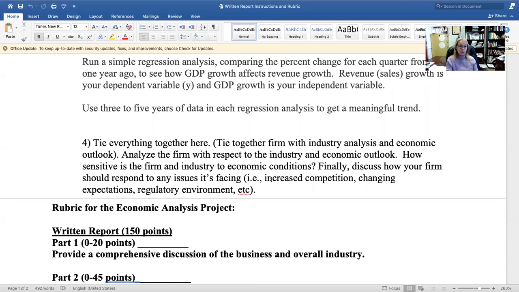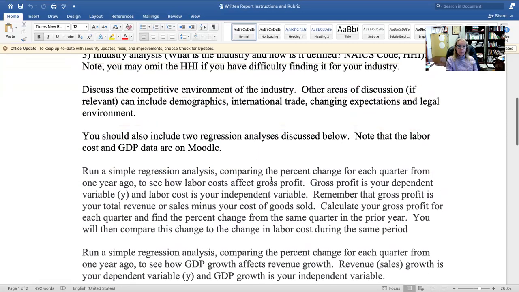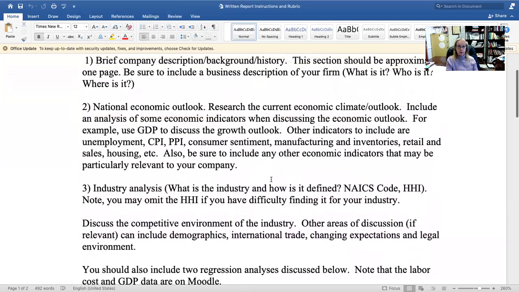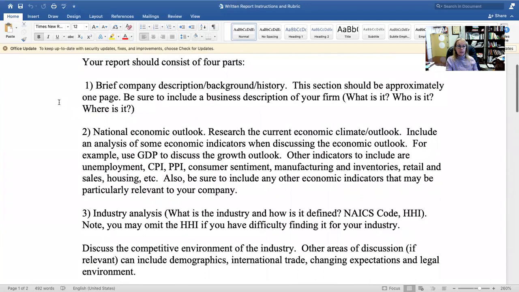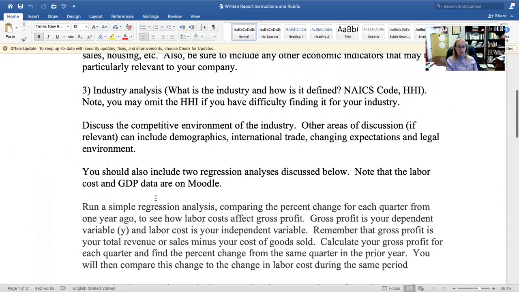All right, so just to repeat, for next week, after you watch this video, what you should be really concentrating on to give you a leg up is the first 2 sections here. Start doing research, and even if you have a draft written on the first 2 sections by next week, you're in really good shape.